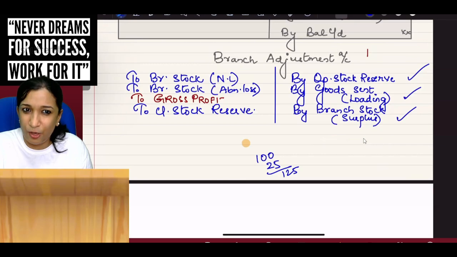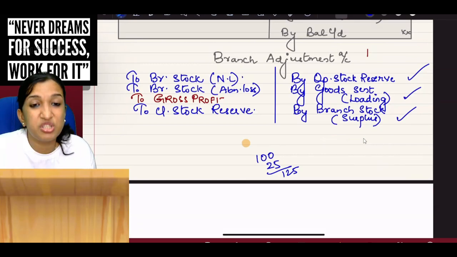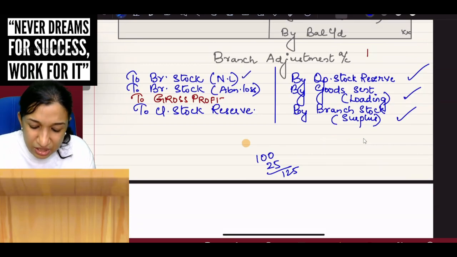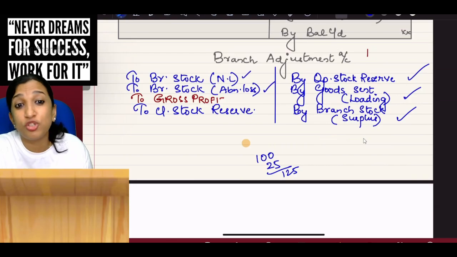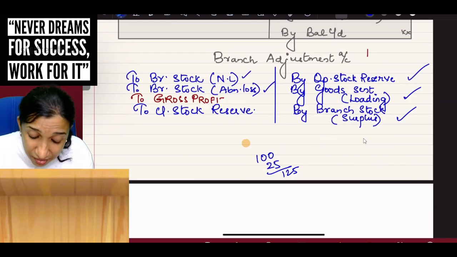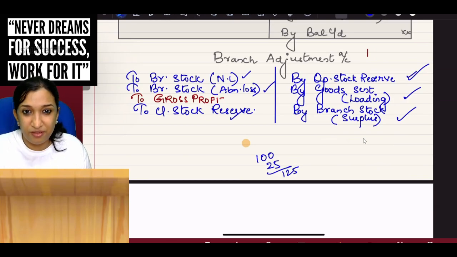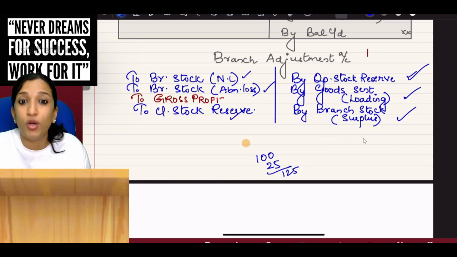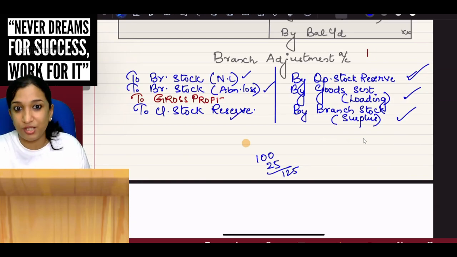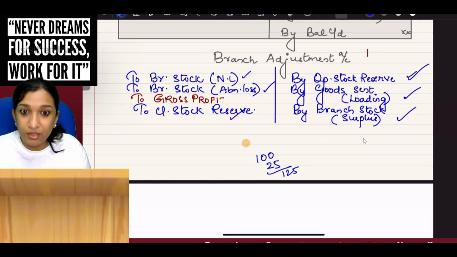But there was normal loss and abnormal loss loading, which I need to eliminate, and there is closing stock reserve, which I'll be realizing only in the next year. Opening stock would have been sold in the current year.